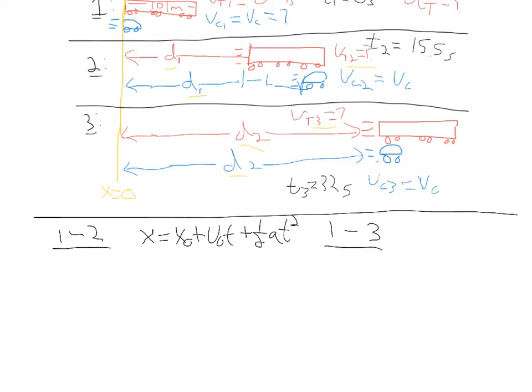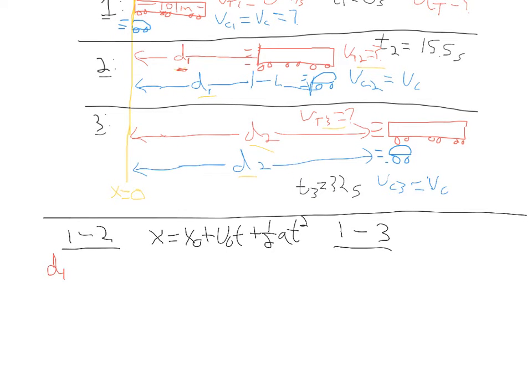Alright, so starting with position 1 to 2, and we'll start with the train, which I'll write in red. We know that its final position, the distance it travels from position 1 to position 2 in time, is the distance d1, and that's going to be equal to our initial distance, which is 0, plus our initial velocity times time, which is also 0, plus 1/2 the acceleration of the train multiplied by the time, which we have called t1 squared.